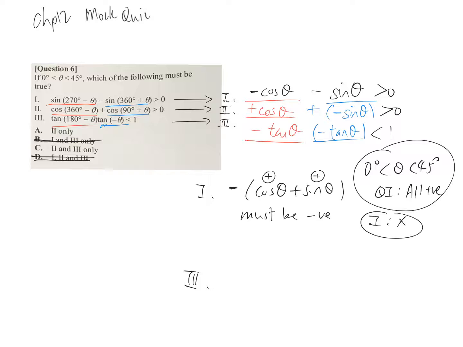Number 3: negative tangent theta times negative tangent theta is smaller than 1. Is this correct? That is talking about tangent square theta.